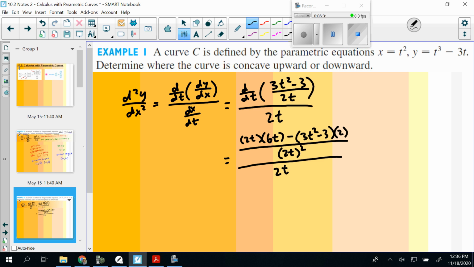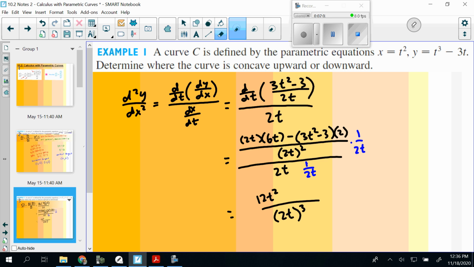I'm going to multiply by the reciprocal to get rid of this situation where we have a fraction over a fraction. So doing that, 2t squared times another 2t, now it's 2t cubed on bottom. On top, let's multiply that out. So we got 12t squared. I'm going to move the 2 in front that we had there, since it's being multiplied.